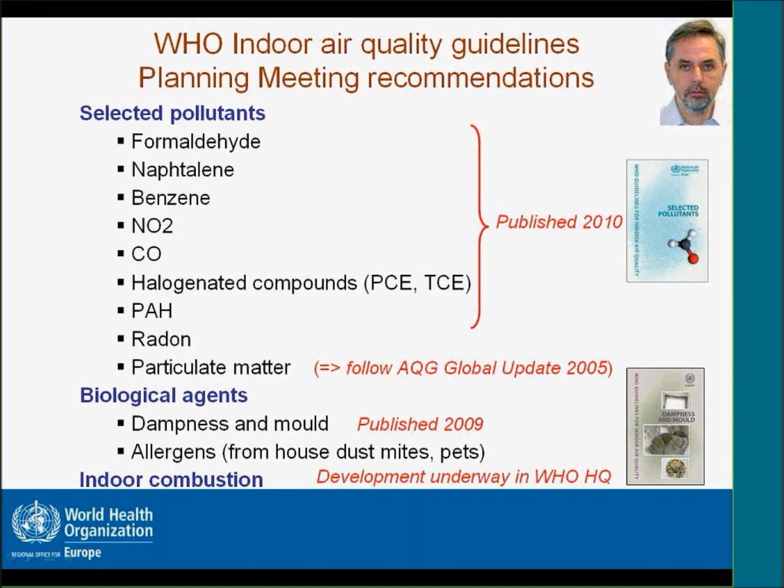Guidelines for dampness and mold were published in 2009, and guidelines on indoor combustion of household fuels are being developed now, and we hope to have them published more or less in a year's time.